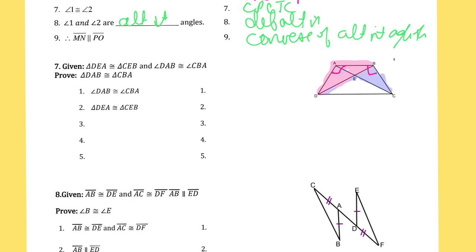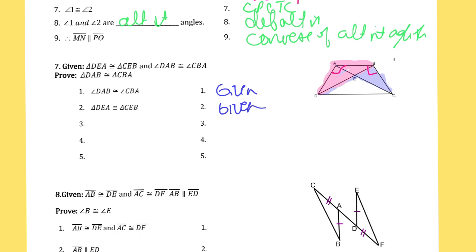I think we're going to be okay, given that those original triangles are congruent to each other, and also that those angles are congruent. Can we prove that those bigger triangles will match each other?